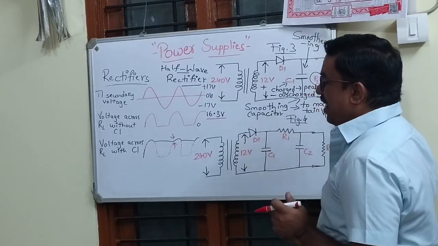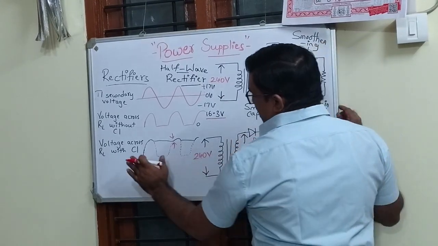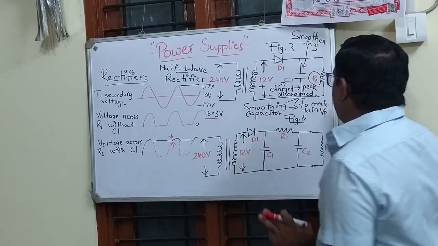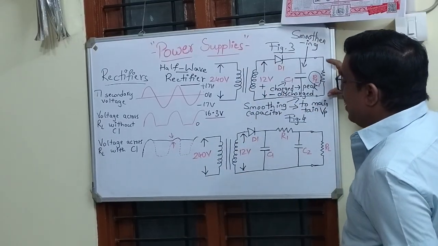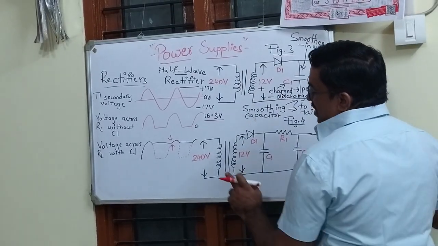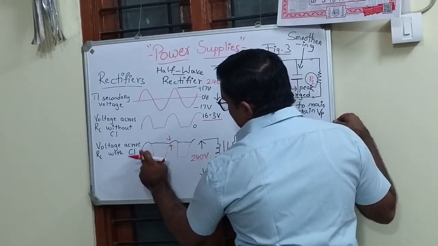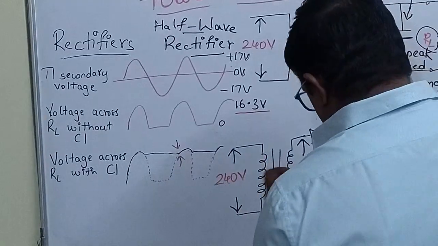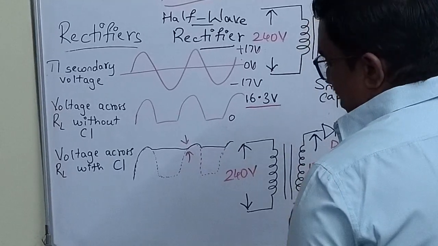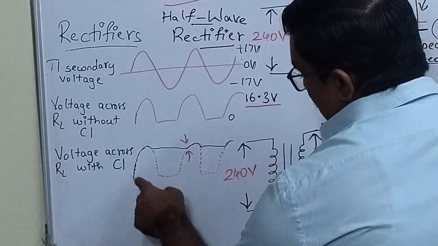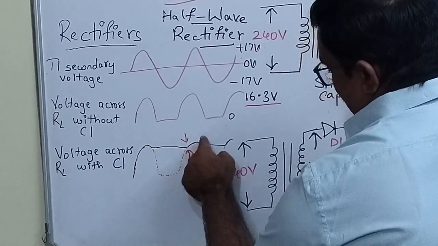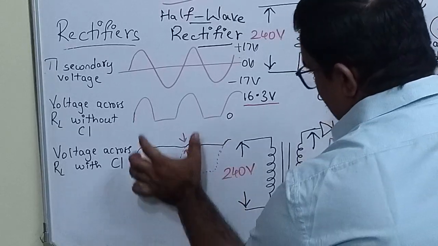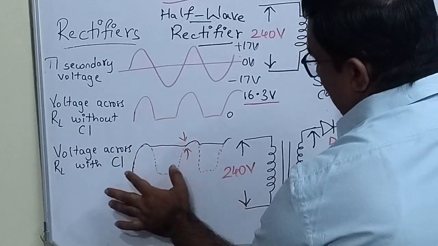If we consider C1, that is figure 3, then here we have the voltage as shown here. The original signal is shown in black ink for reference.